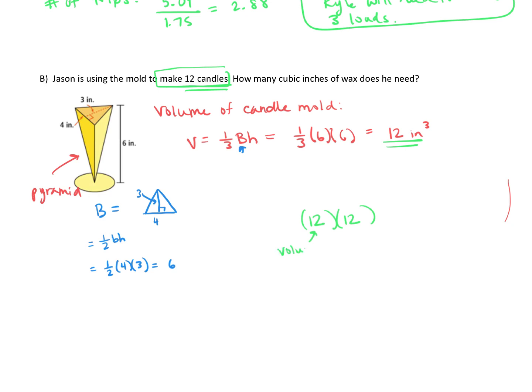This is the volume of the mold, and we're multiplying it by the number of candles he wants to make. That will give us a total of 144. We are in inches cubed. That's the total amount of wax that he needs to make 12 candles.